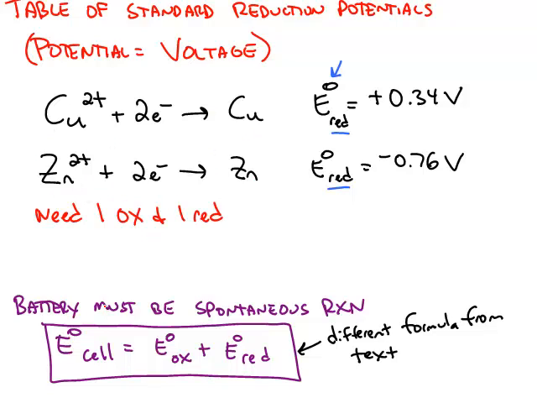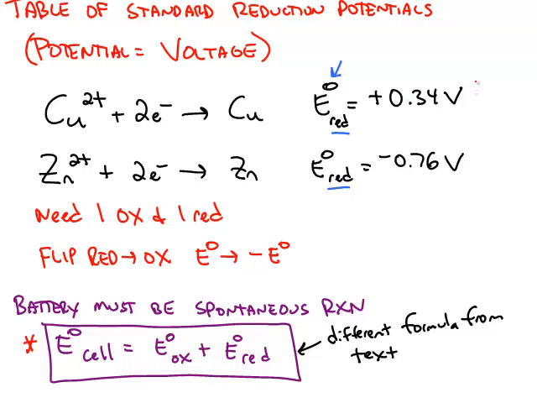And the key to figure out which one is going to be switched is based on this equation. The standard voltage of the cell, or the battery, is the standard oxidation potential plus the standard reduction potential. When you flip a reduction into an oxidation, the standard voltage becomes the negative of whatever the standard voltage was.